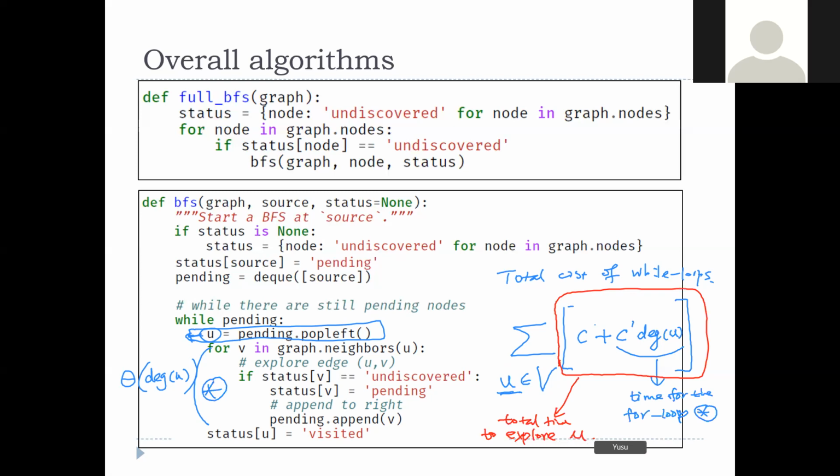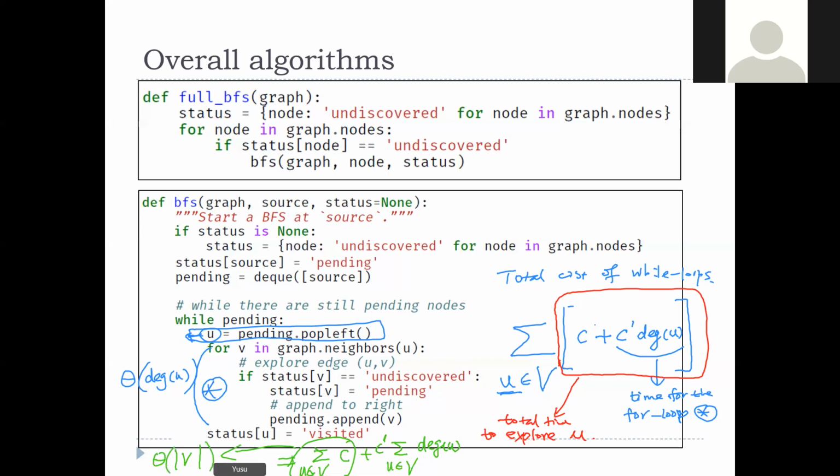So what is the summation? The summation is simply the sum over U in V of a constant, plus C prime times the sum over U in V of the degree of U. The first term is proportional to the number of nodes.